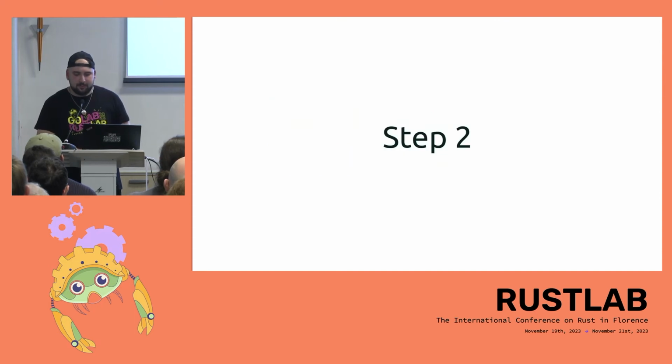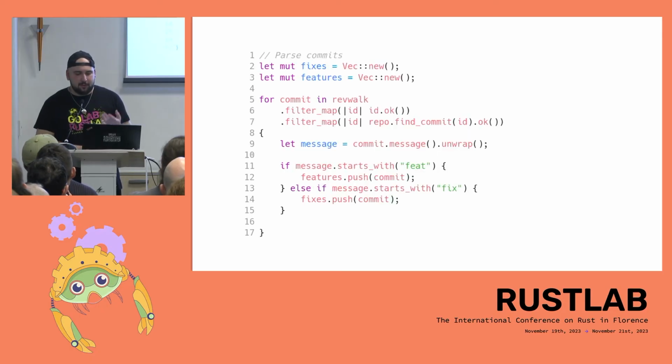Step 2 is parsing the commits. So you can have a lot of logic here, and there are a couple of ways to do this. But the simplest way of doing it is simply creating two vectors and going through each commit message and checking if the commit is starting with something or contains something.